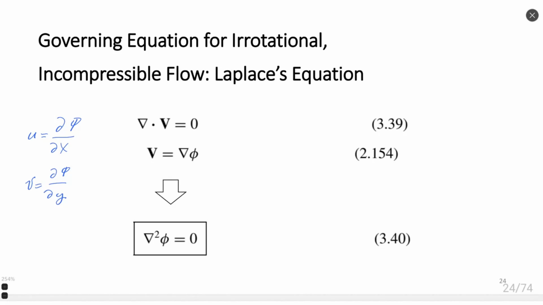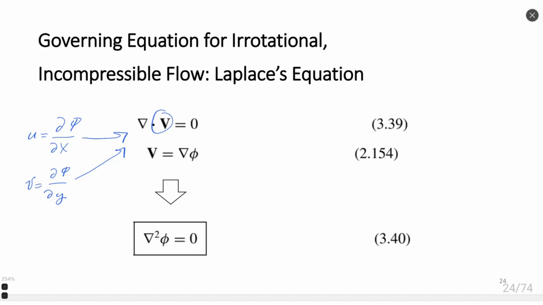I will not use it because usually we have just two-dimensional flow in our applications. But a third dimension is also possible. Once we apply the nabla operator, once we substitute our velocity definition as a function of potential, we arrive at equation 40, which is called the Laplace equation.